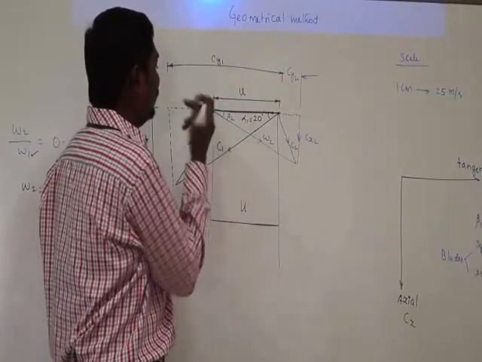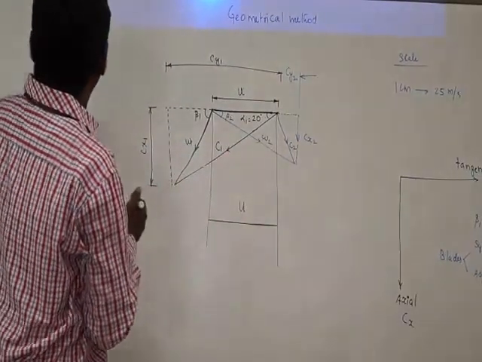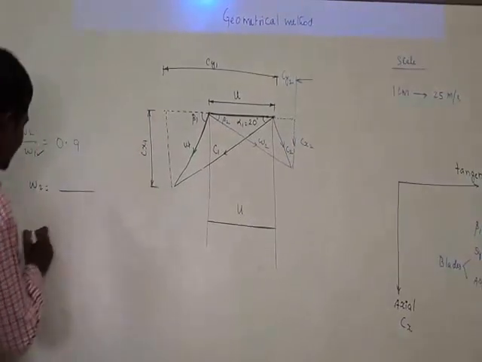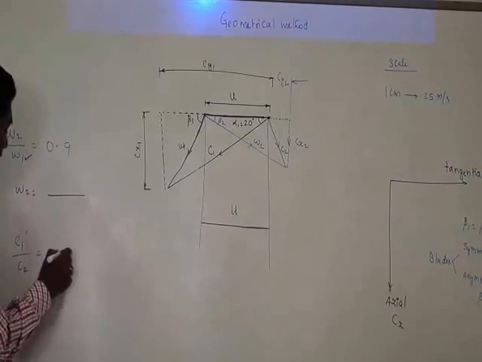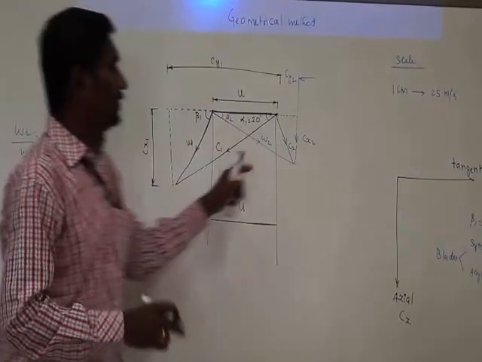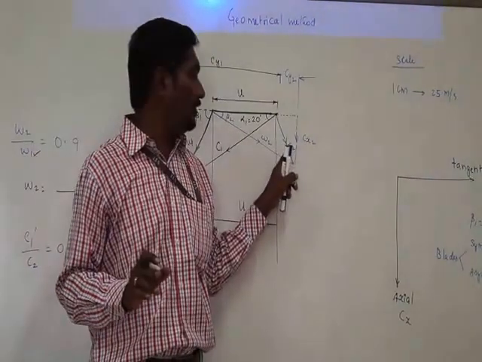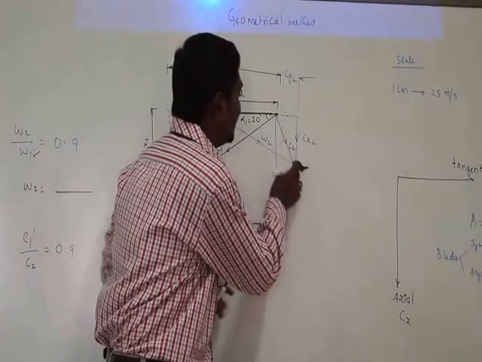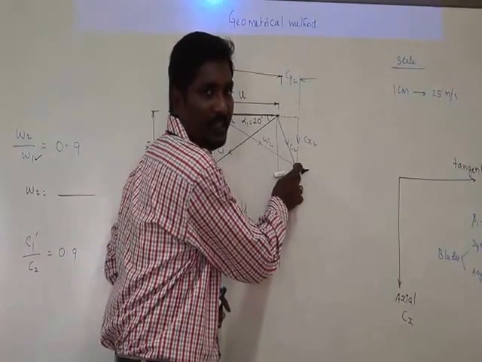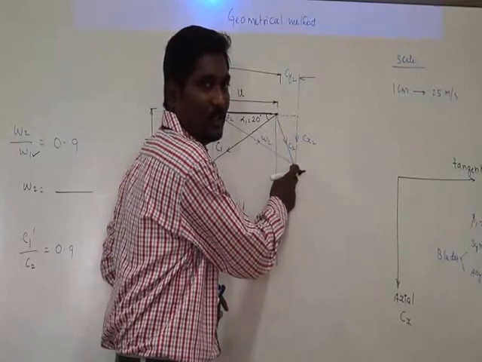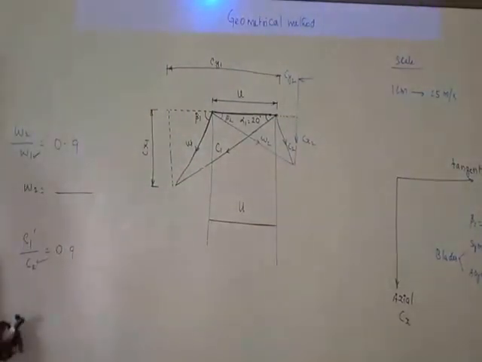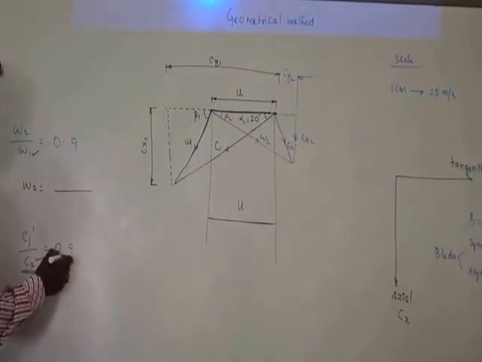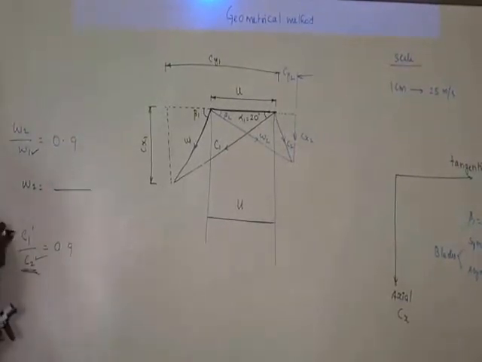C1 dash. So how will you calculate the value of C1 dash? What is the relationship given? C1 dash upon C2 is 0.9. What is the value of C2? From the velocity triangle of the first row of the moving blade, you can measure this. This is representing the value of C2, fluid velocity at outlet. So from the velocity triangle of the first row of the moving blade, we know this value and the ratio is given. So you know the value of C1 dash.